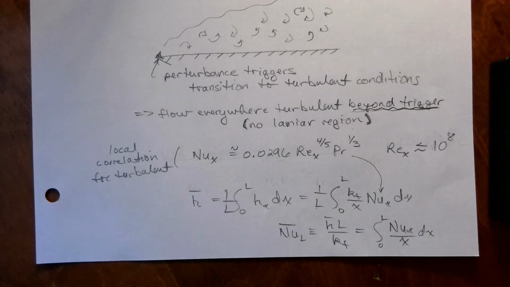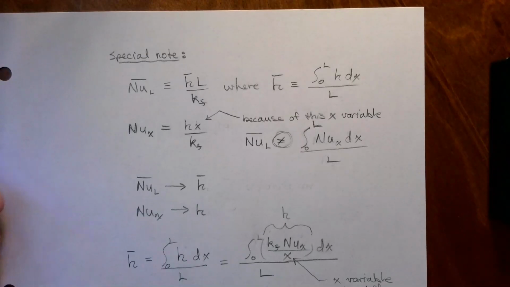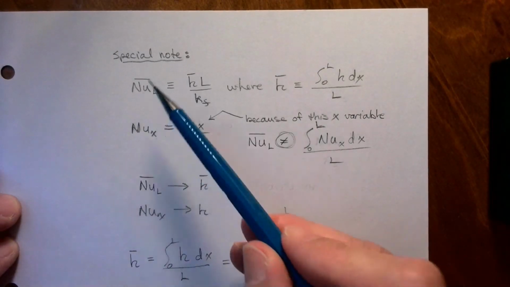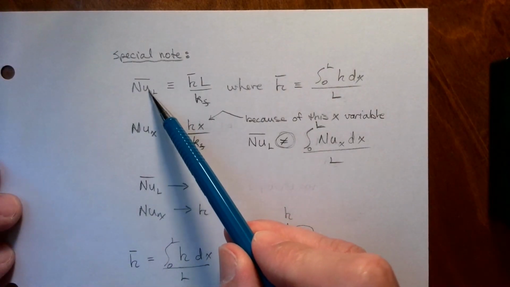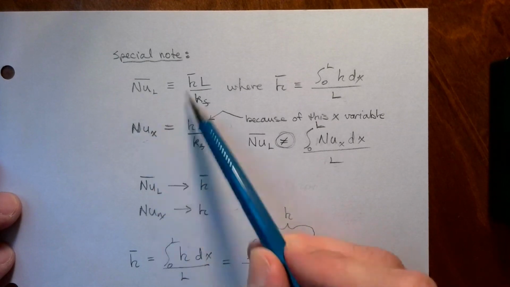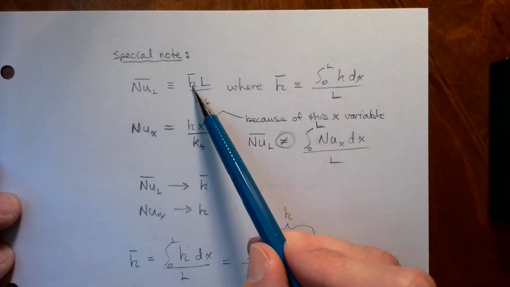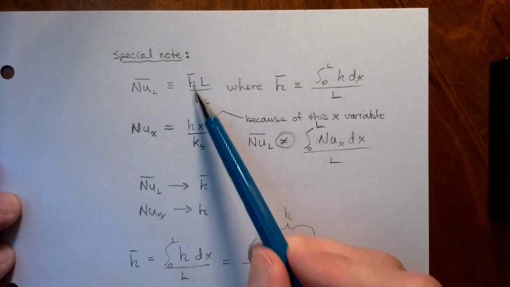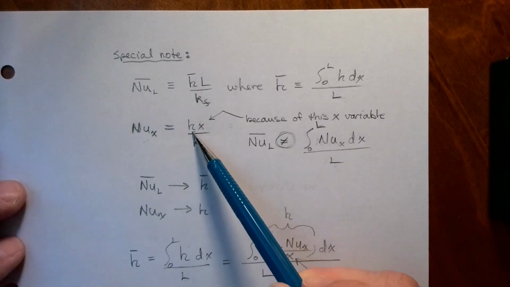The textbook answer that they give you presumes that the transition occurs at 5 times 10 to the 5th. Special notes, just remember that this average Nusselt number is not the average of that Nusselt number, it's just a correlation for the h bar. h bar is the average h.